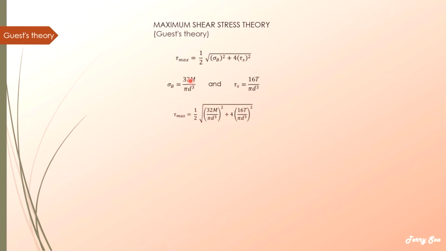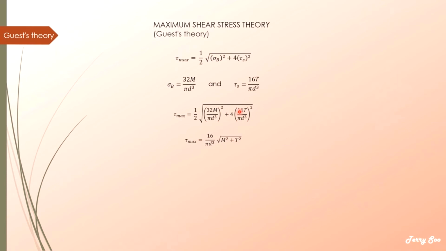So your tau max, when you substitute these two equations, you will get something like this. You have 32M over pi d cube, which is the bending stress, and 16T over pi d cube, which is the shear stress due to torsion. Simplifying this equation, extracting the 32, the 4 becomes 2 power 2, so you have 32 power 2 when you include the 4 into the bracket.